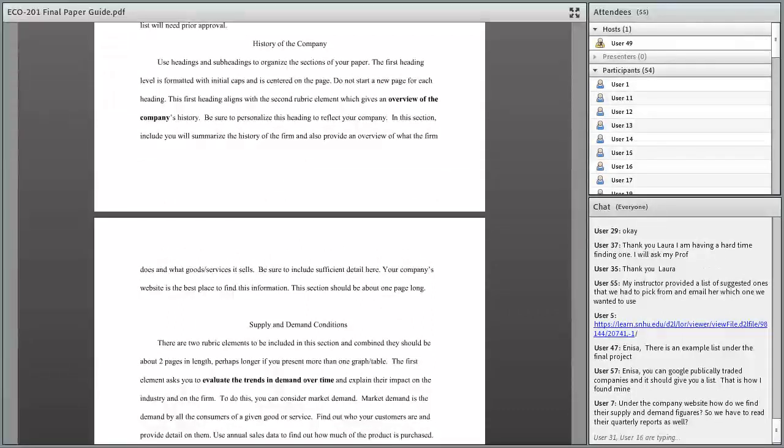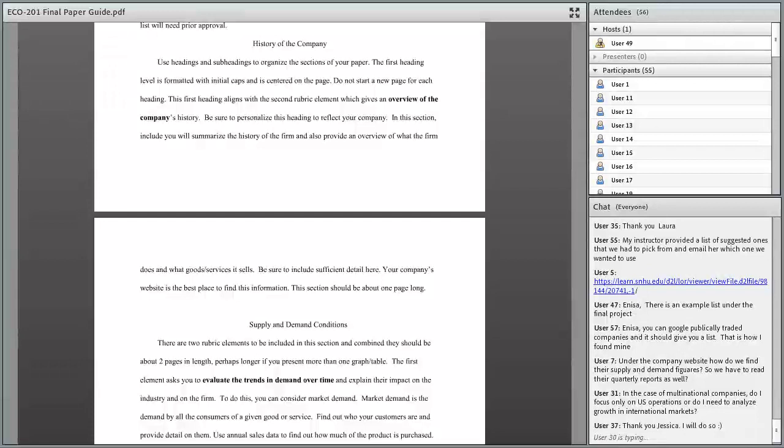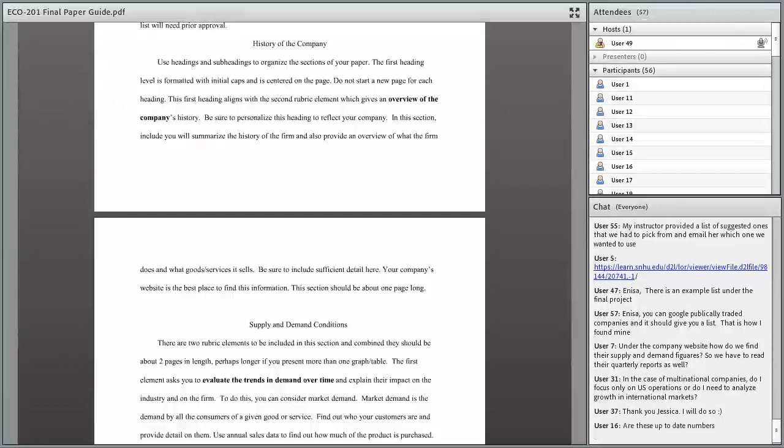I know it shows only 1 paragraph on this template. I think it should be a little bit longer, maybe at least 2 paragraphs, because 1 paragraph really does not give you enough insight on a company unless it's a brand new company, which is unlikely because a brand new company might not be publicly traded yet. But the company's website is the best place to start your research for milestone 1.